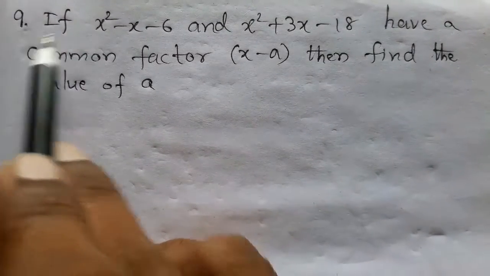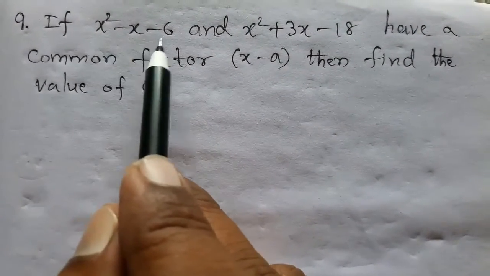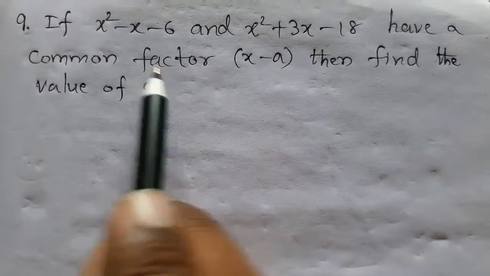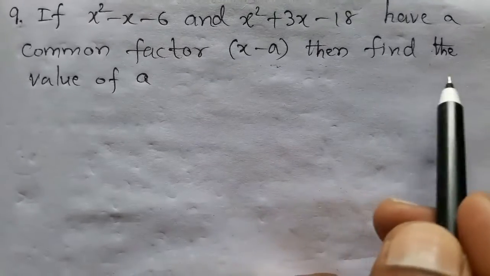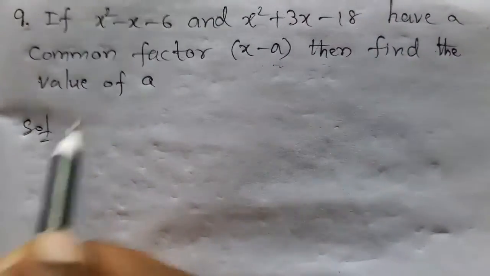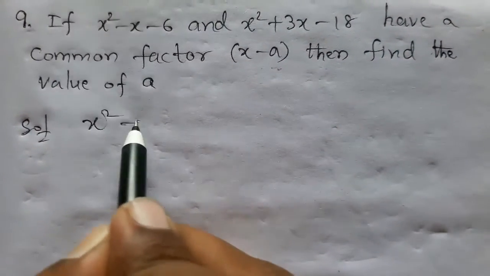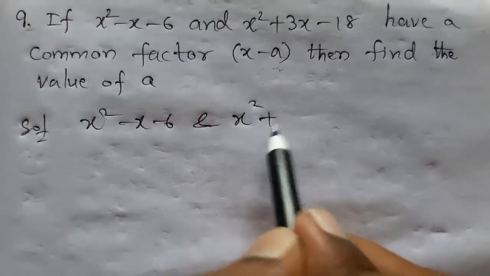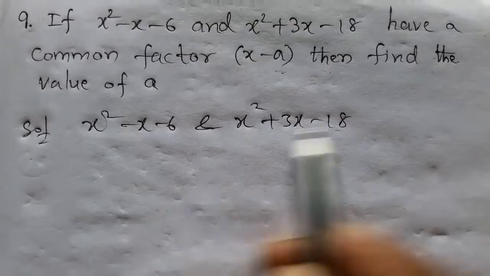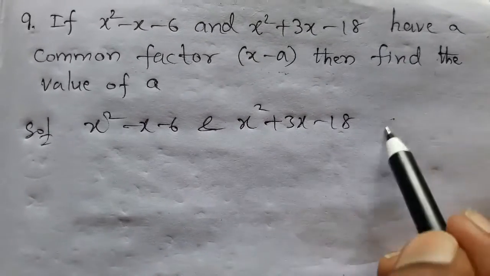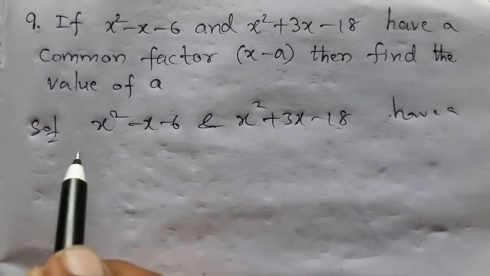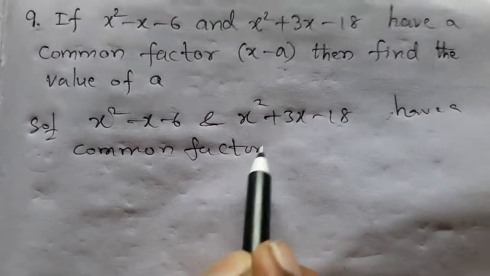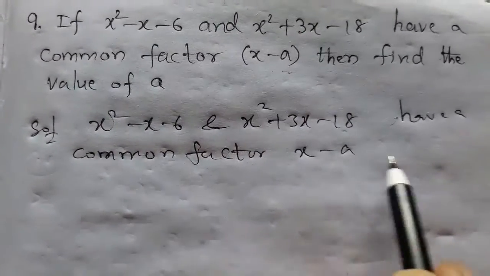9. If x square minus x minus 6 and x square plus 3x minus 18 have a common factor x minus a, then find the value of a. Solution. The polynomials given are x square minus x minus 6 and x square plus 3x minus 18, and these two have a common factor, x minus a.